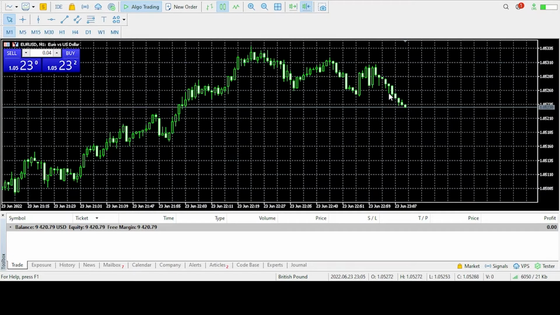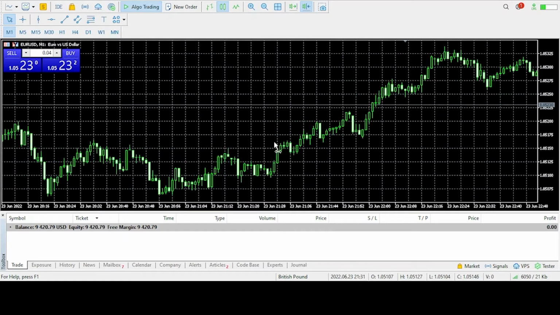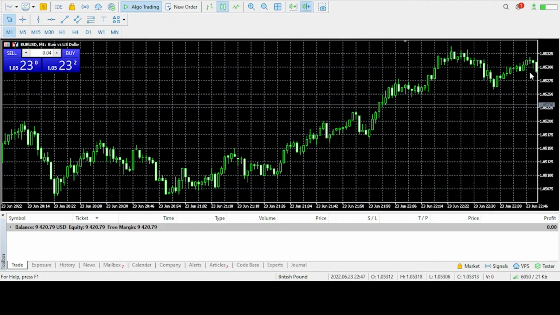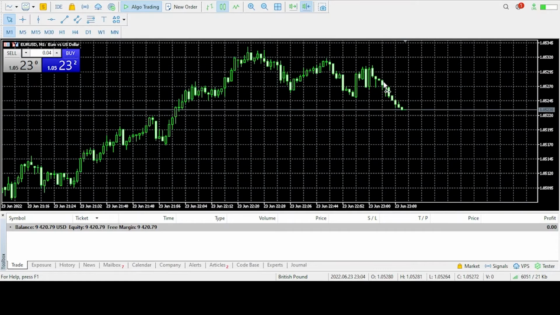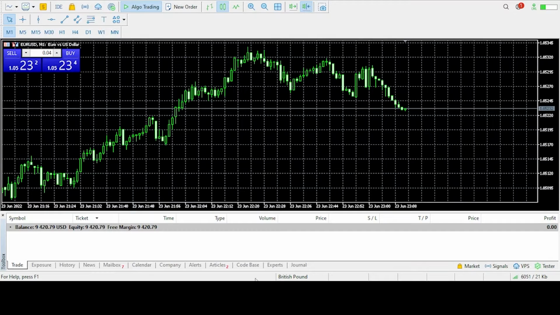Currently, you see that the price is declining, but in the past, if you do a little price analysis here, you see that the price was in an uptrend. However, currently the price seems to be falling downwards.